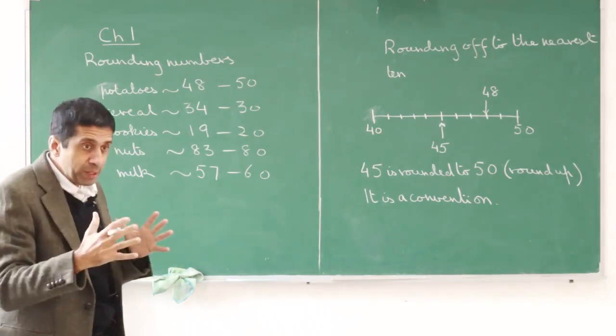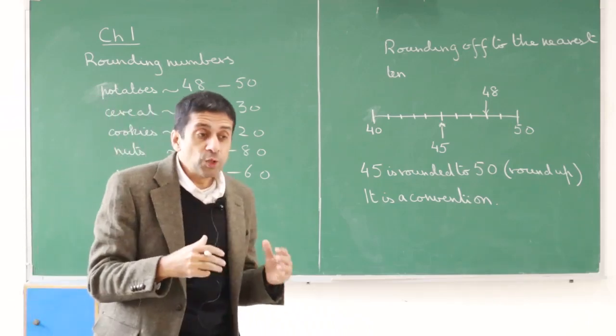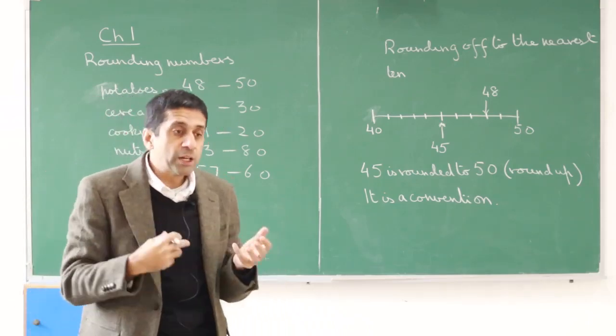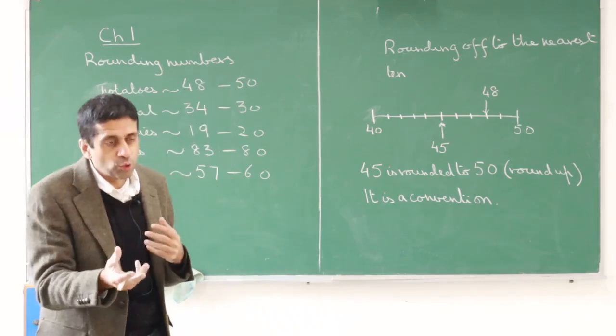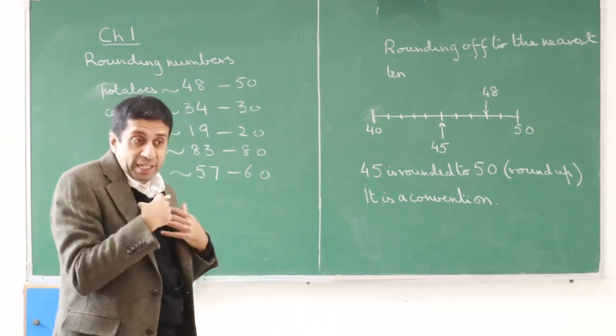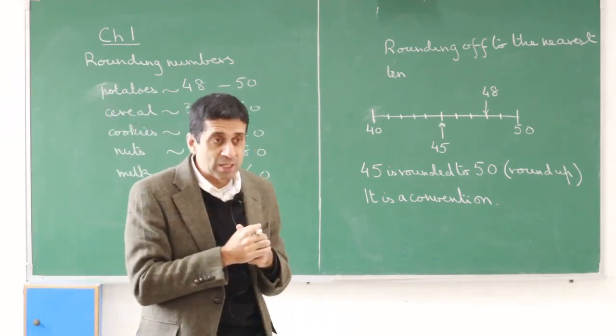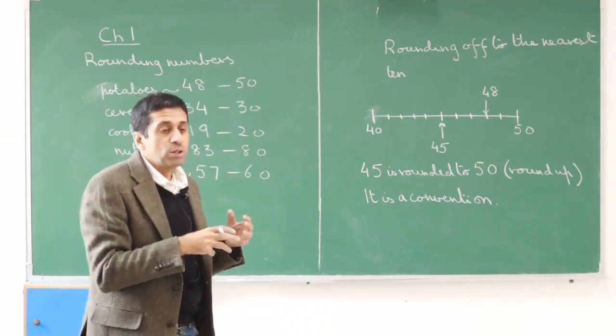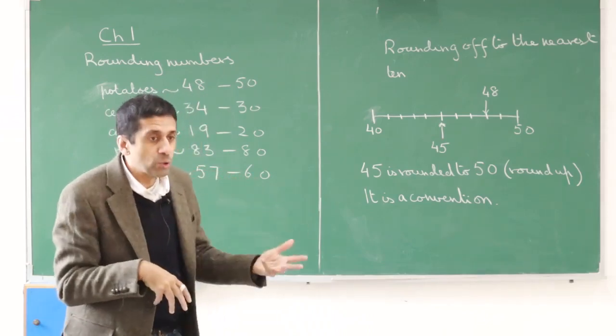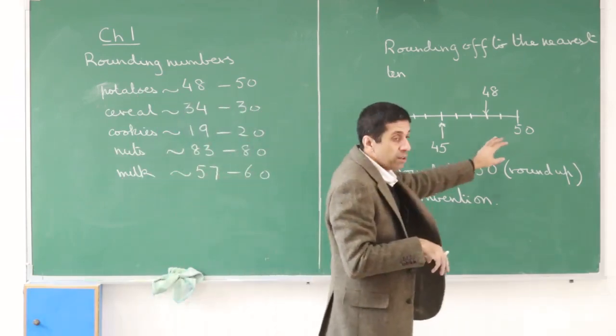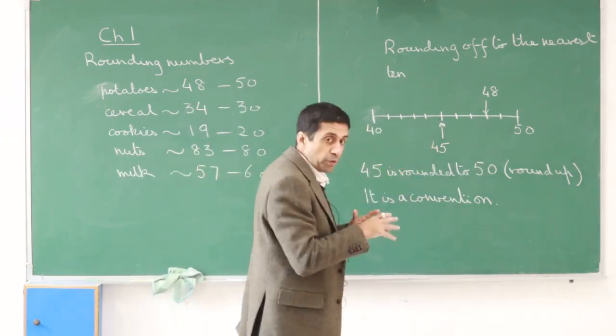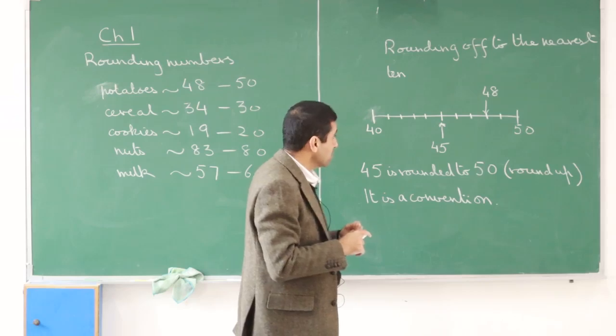Before, you and I were losing 8 rupees. In this case, you and I are losing 2 rupees. You are gaining 2 rupees, I am losing 2 rupees. There, I was gaining 8 rupees and you were losing 8 rupees. So losing 8 rupees is not a good place. Losing 2 rupees is a better place. That's why we choose 50 as a good approximation to be fair to both of us.